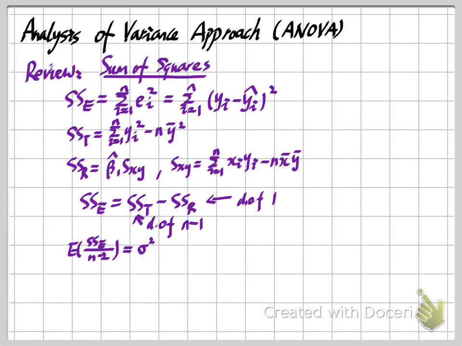And here I just found I have a table in my previous equation. About our SST, the degree of freedom for this one is n minus 1, and for the SSE, this degree of freedom is n minus 2. Now you can see on the left side and right side of the equation, the degrees of freedom also follow the same relationship between SSE, SST, and SSR. So n minus 2 is equal to n minus 1 minus 1.